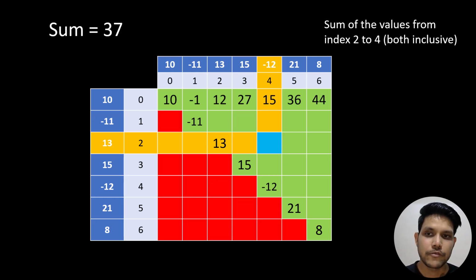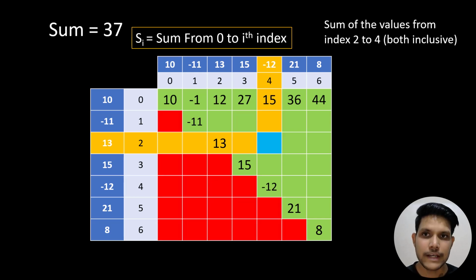So for instance, we have all the values starting from the 0th index to a particular index. That is very easy to find. Now, how can we find the value of this cell 2, 4? Let's say we take a variable s of i, which is the sum from 0 to the ith index.